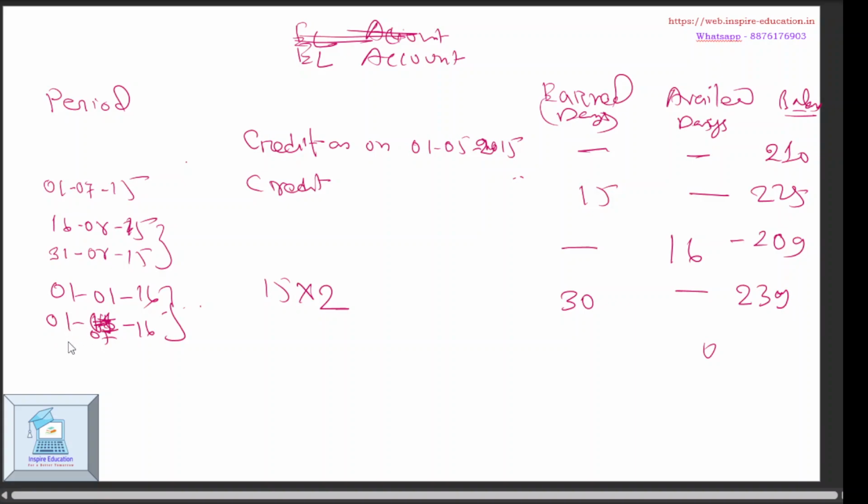Then on December 2016, unavailed joining time will be given, it will be 7 days, 246 days. Okay, so let us go to the next page. 246 days up to December 2016.